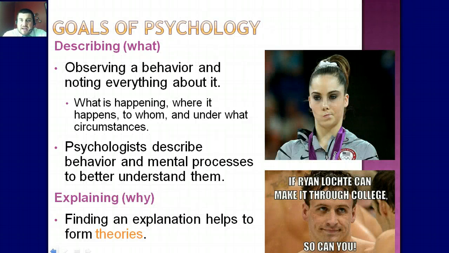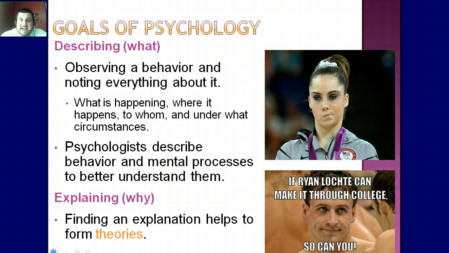So what is happening, where it's happening, to whom it's happening, and under what circumstances is it happening. And our running example I'm going to be using is a little girl in a 2nd grade classroom who suddenly has her grades slipping, she doesn't turn in her homework, and she's developing a very negative attitude towards school. That's only what is happening.